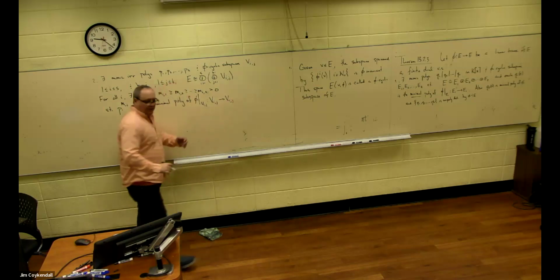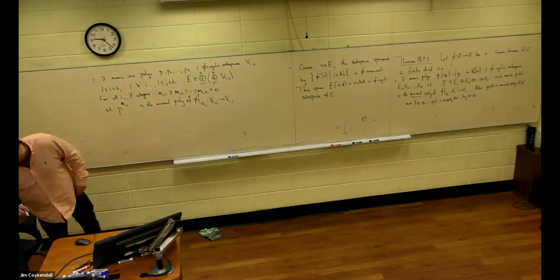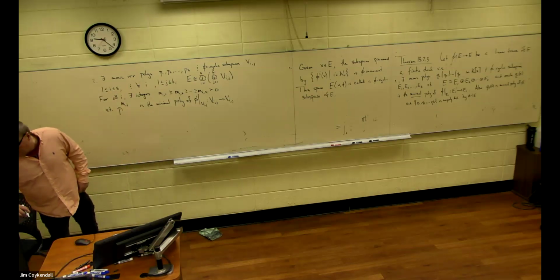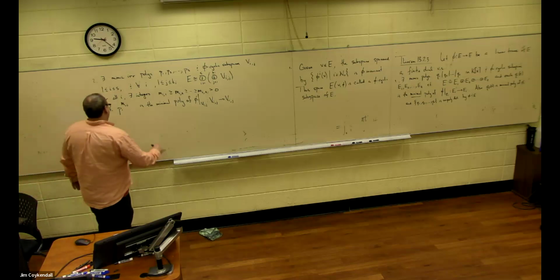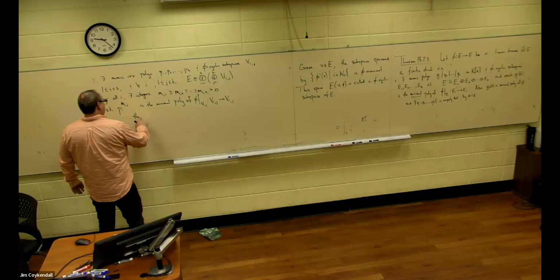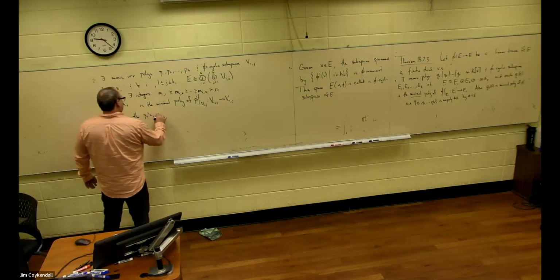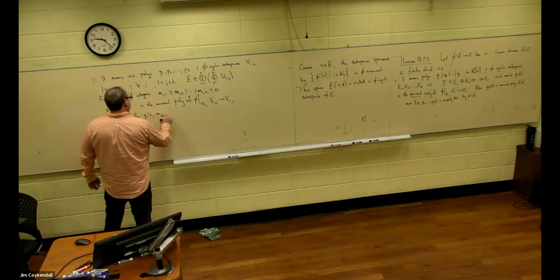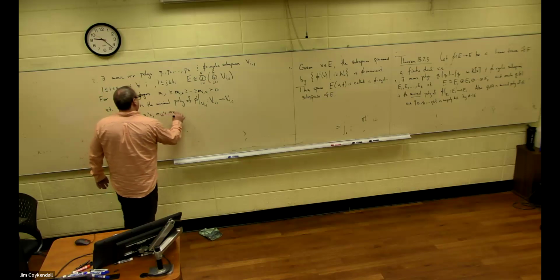Once again, the V_ij's are all assumed to be cyclic subspaces, so it goes to itself. The p_i's and m_ij's are uniquely determined.